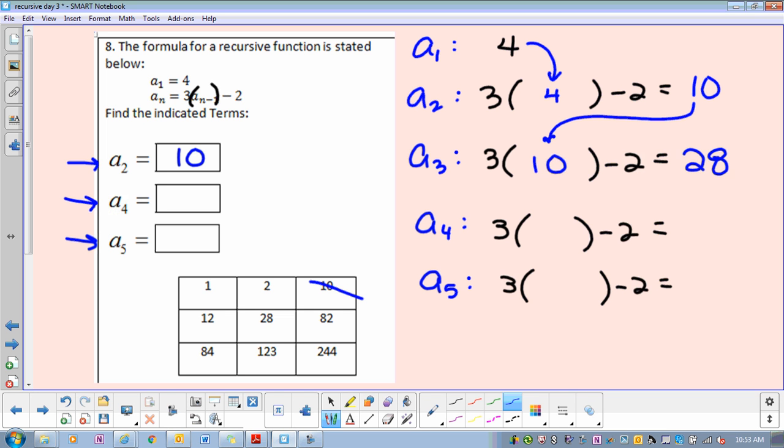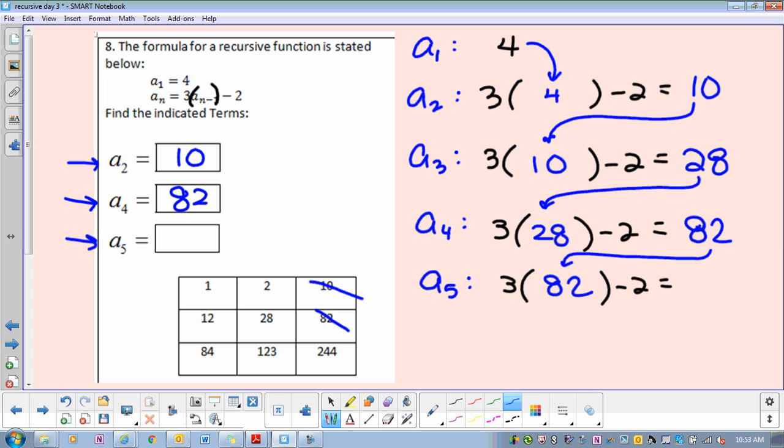No. They want the fourth one now. Okay, let's plug in. 3 times 28 minus 2? 82. Try that one again, okay? I think you might have just hit something wrong. Yeah. Okay.